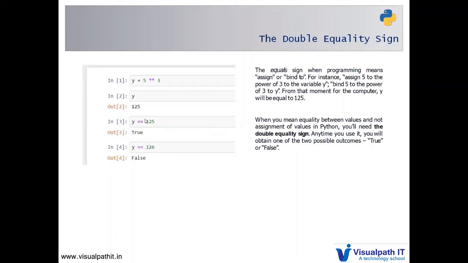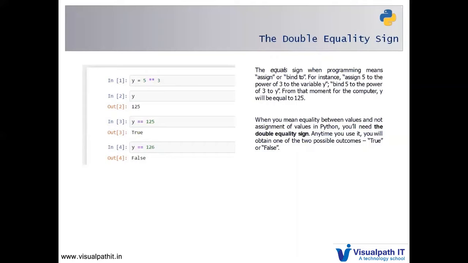While the double equality is used to evaluate a true or false statement. Normally, it is used with if and while and the control statements, which we will be discussing later.